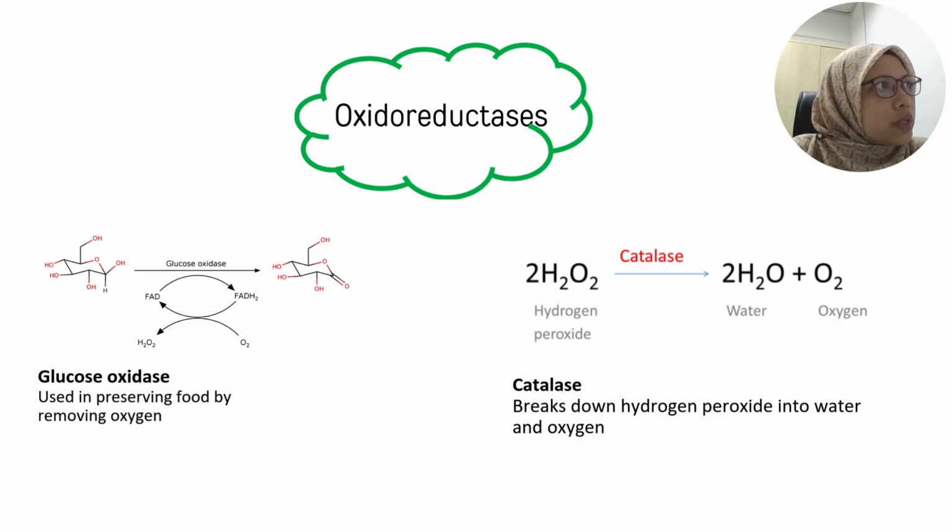And then number two is oxidoreductase. So oxidoreductase catalyze oxidation and reduction reaction. So kalau oxidation dia akan loss of electron, kalau reduction dia akan gain electron.